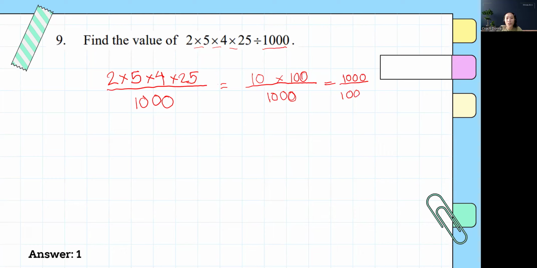We have the same value in the numerator, the one up here, and in the denominator, the one below here. Okay, once they're equal, 1,000 divided by 1,000, that's just equal to 1. Any number divided by itself is just 1. Just like how 2 divided by 2 is just 1. Okay, so our answer here is 1. That's for number 9.